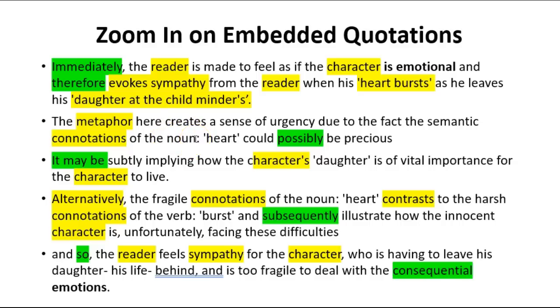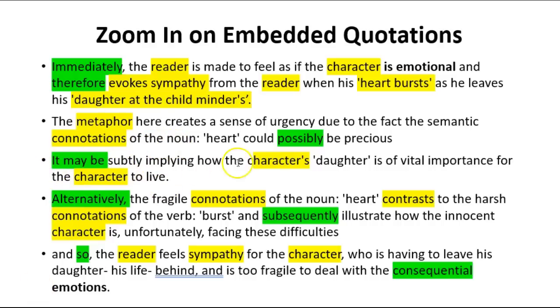It weakens the answer because candidates forget to do the other stuff that's in yellow, the connotations, the metaphor, the character, the contrast. So the reason I'm showing it to you is so that Smila can realise that's not what's getting him the marks. What's getting him the marks are the other bits of terminology.